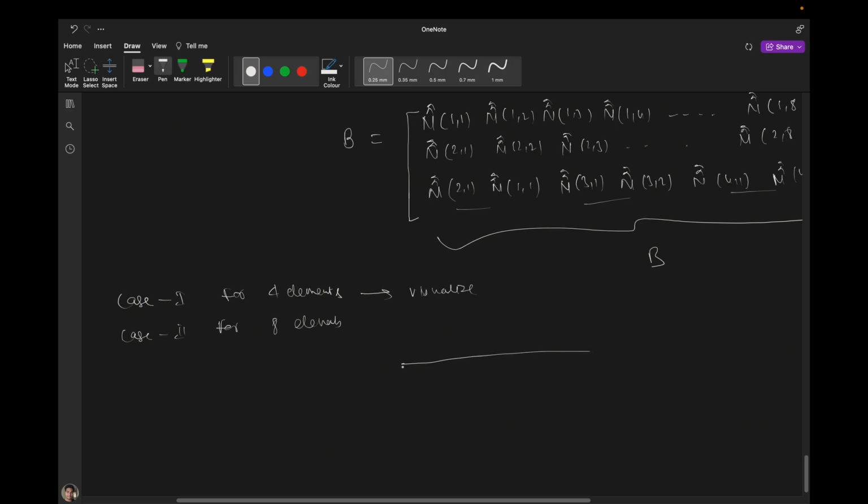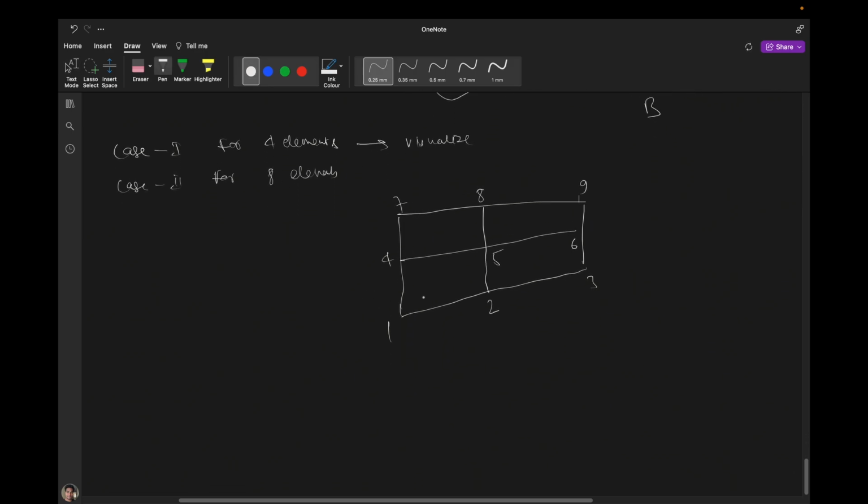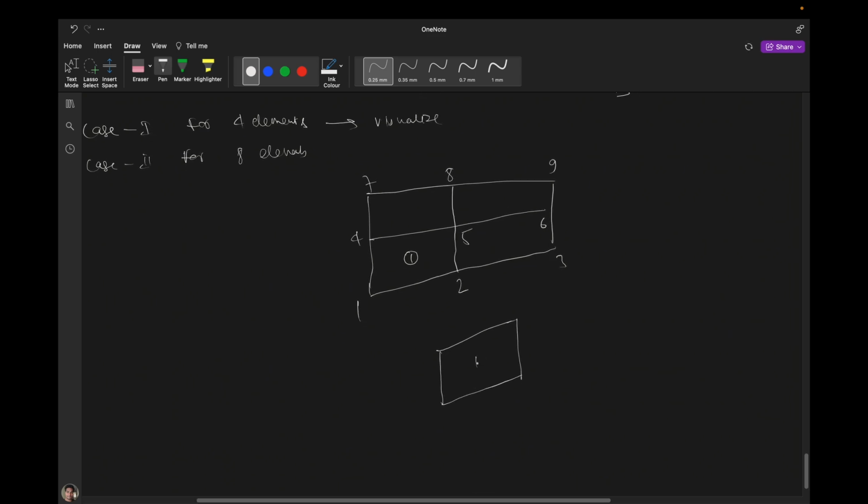So suppose in this case I'm taking 4 elements. For the global nodes, we have 1 2 3 4 5 6 7 8 and 9. Then for this particular element, I'm assuming this is edge 1, this is edge 2, edge 3 and edge 4.